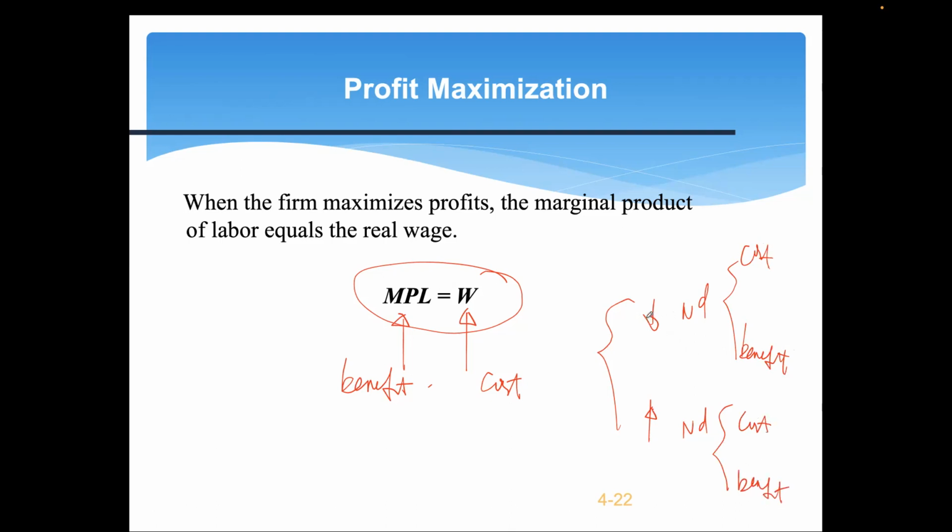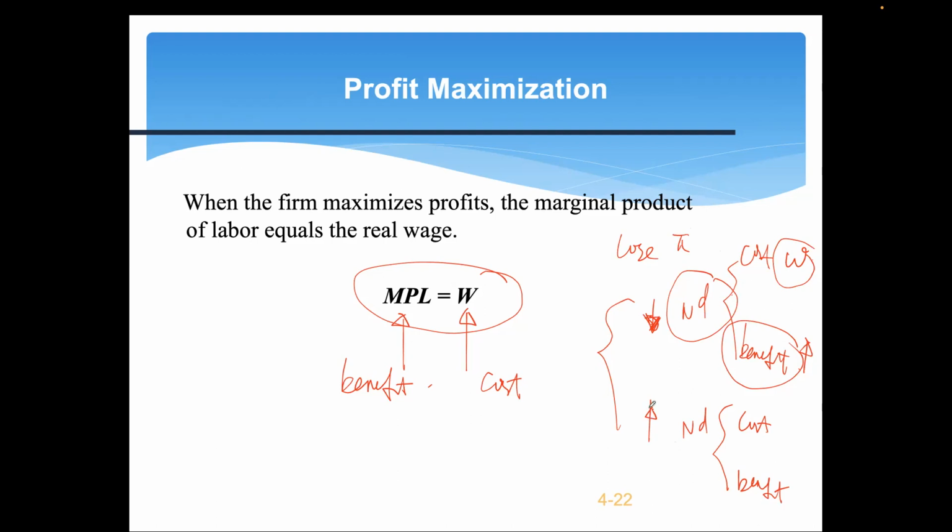Okay, so if you reduce this a little bit, remember, you have a decrease in marginal product of labor, meaning here you're going to have higher MPL, but the W is fixed. Hence, when you reduce, your benefit is going to exceed your cost. Meaning, when you reduce, you're going to lose profit. Because in the margin, the worker is going to bring you profit. But then you fire them, you lose profit.